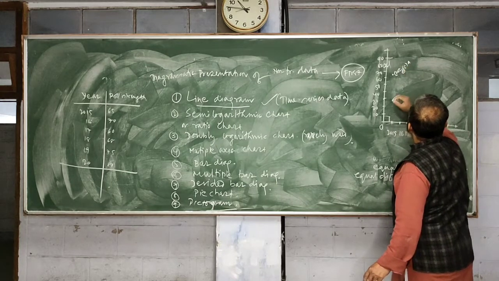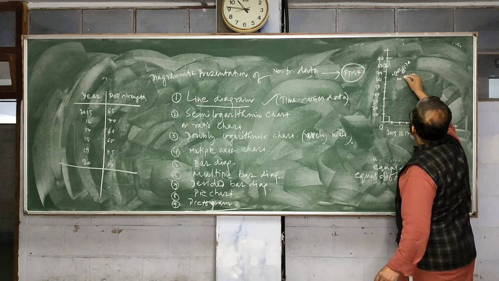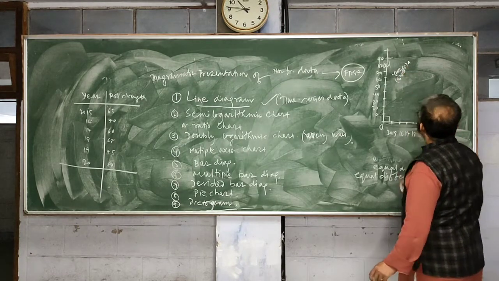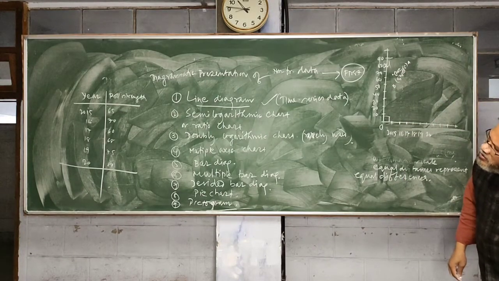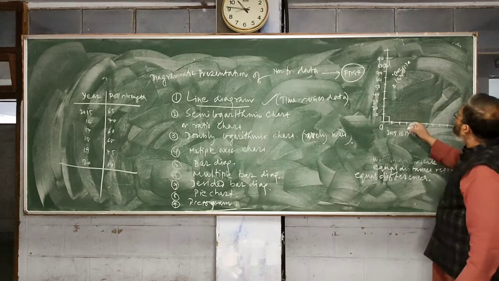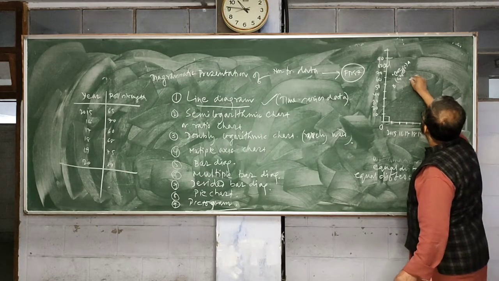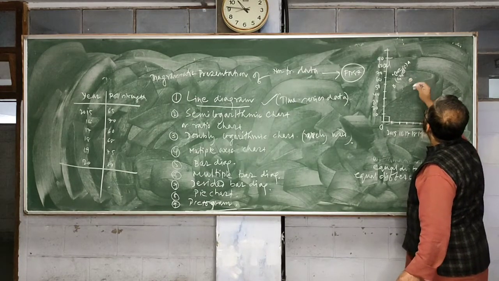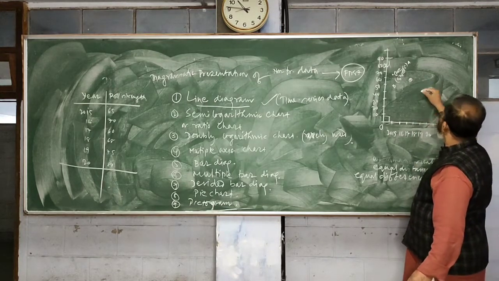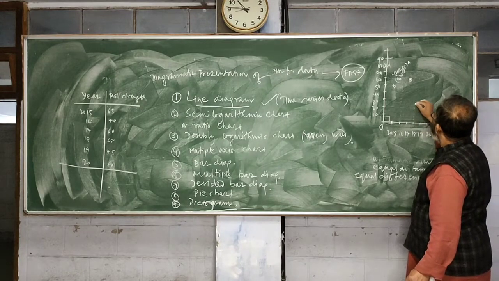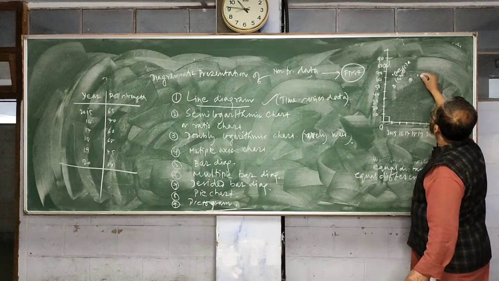This is 16, 70, point B, suppose. Then 17, data is again 60, somewhere there is the point. Then 18 is 68, just below 70.